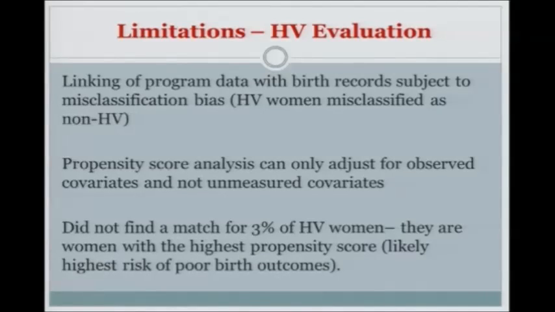But this is the disadvantage of propensity score matching compared to randomized control trials: you can only balance on things you've measured, not on unmeasured confounders. I may have mentioned this on Friday in the webinar, but people are starting to do more sensitivity analyses to figure out the potential impact of unmeasured confounding.